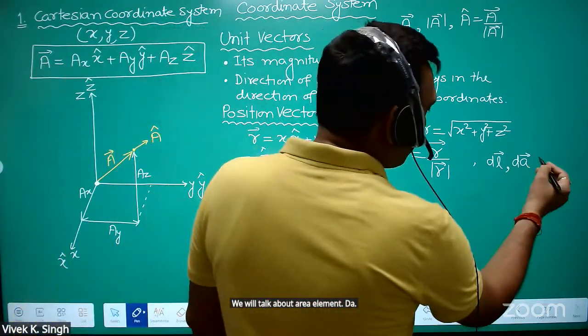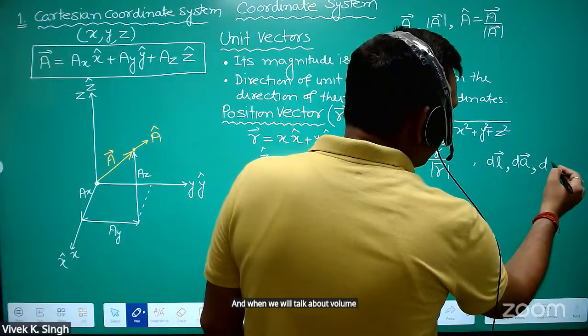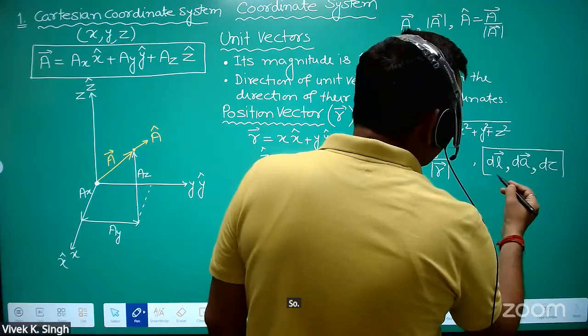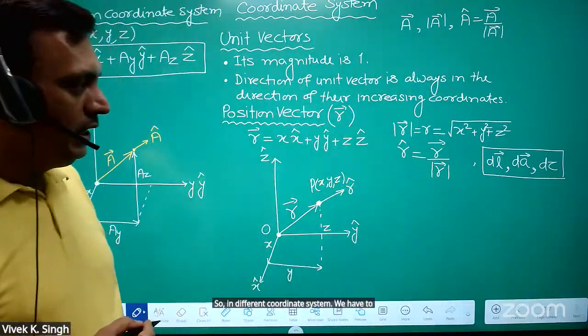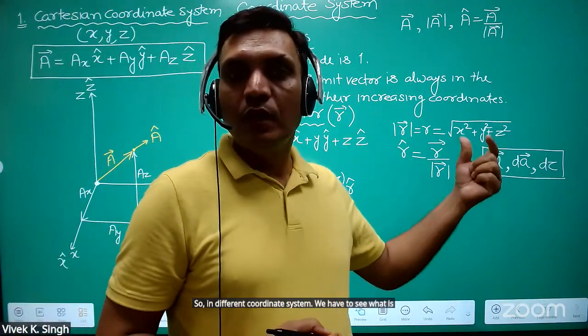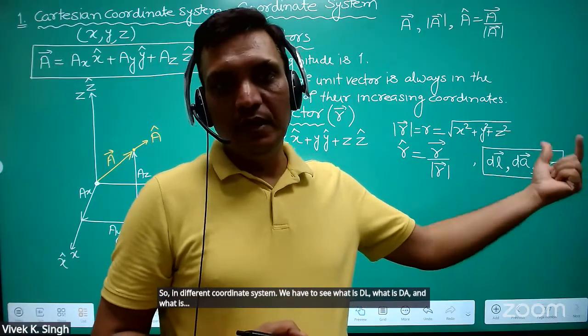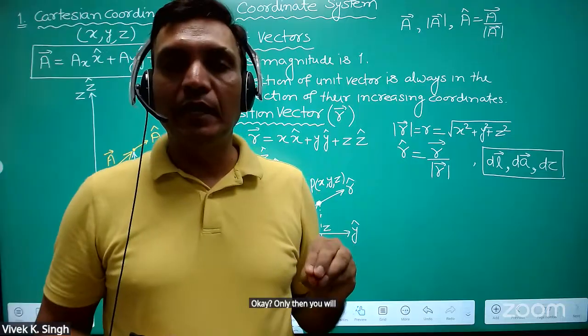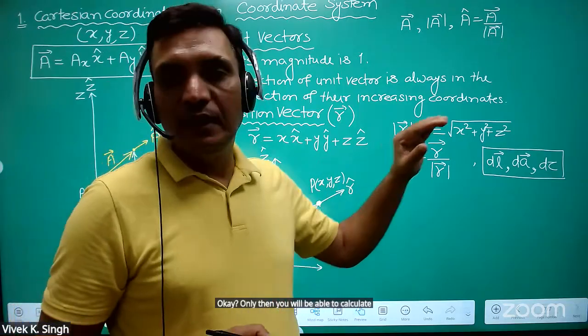And for volume integral, dτ is the volume element. So in different coordinate systems, we have to see what is dl, what is dA, and what is dτ. Only then you will be able to calculate line, surface, and volume integrals.